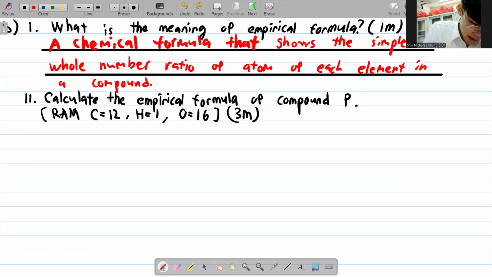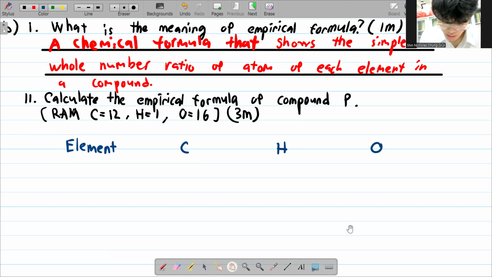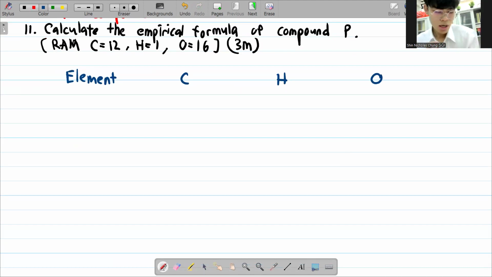I will use blue pen. Then what's your element? You have your element as carbon, hydrogen, and oxygen. Next, after element is what? Let me think. Oh, I remember.